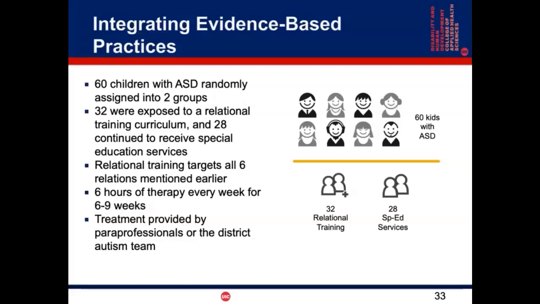With the randomization, it didn't turn into 30-30, but rather we had 32 in one condition and 28 in another. And those individuals that were in our, quote, treatment group received intervention like you've been hearing about for the last 30 minutes or so that focuses on this kind of relational training, this relatively newer way of delivering ABA, while those other 28 people that were in what we would consider the control group received traditional special education services.